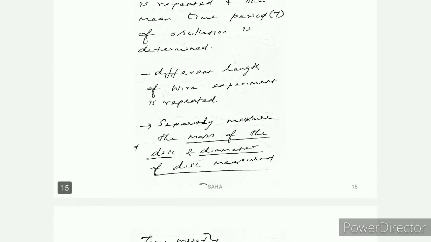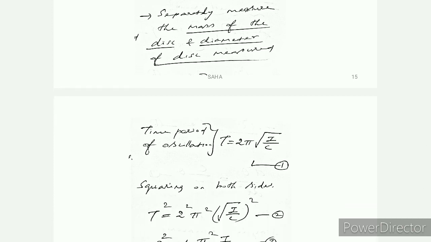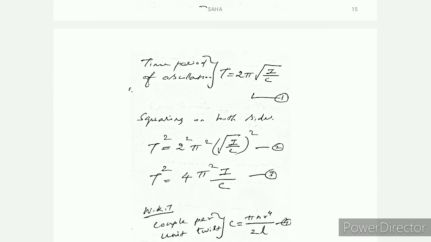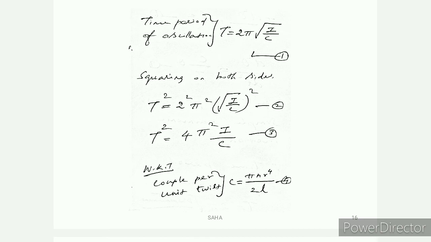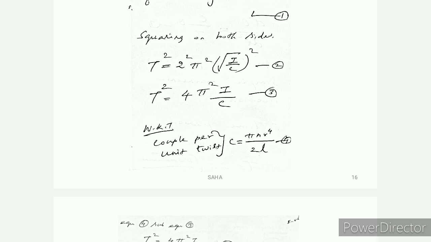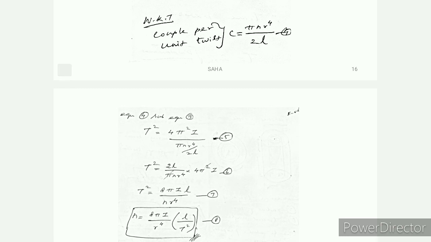Separately measure the mass of the disc and the diameter of the disc. Then we substitute the mass and diameter values in the formula. The time period of oscillation T is equal to 2 pi square root of I by C. Squaring both sides, T squared is equal to 4 pi squared I by C. We know that the couple per unit twist C is equal to pi n r power 4 divided by 2L, that is equation 4. Substituting equation 4 in equation 3, T squared is equal to 4 pi squared I divided by pi n r power 4 divided by 2L.